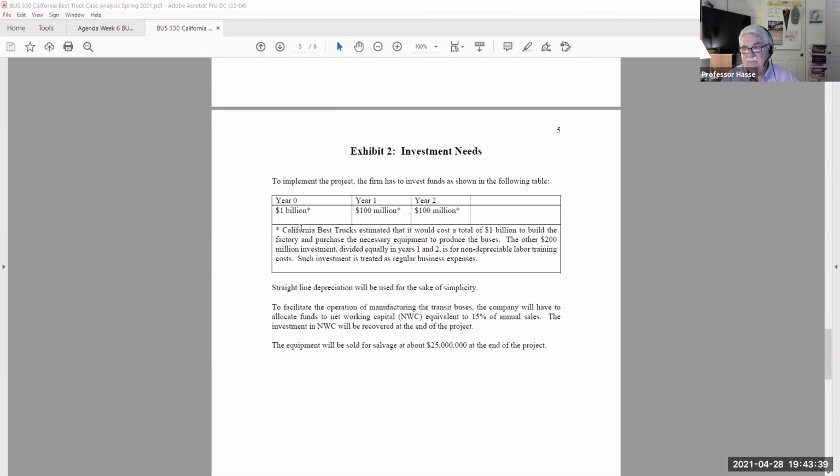Not the $45,000 that we saw in chapter 8, not the $1 million we're seeing in our practice problem this week, $1 billion. What's the salvage value and the working capital requirements for this project?